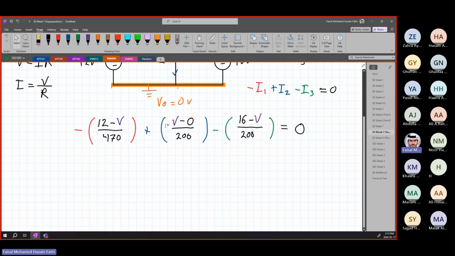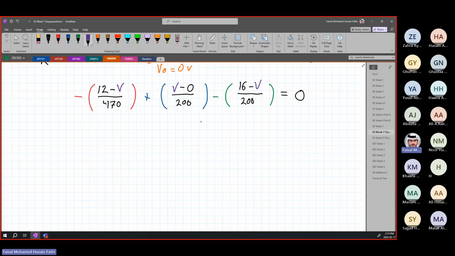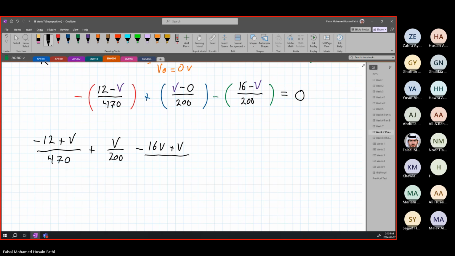Now we have this equation with one unknown. We can find the voltage just by simplifying this equation. If I do that very quickly, distributing the minus, it's going to be minus 12 plus V over 470, plus V over 200, minus 16 plus V over 200.